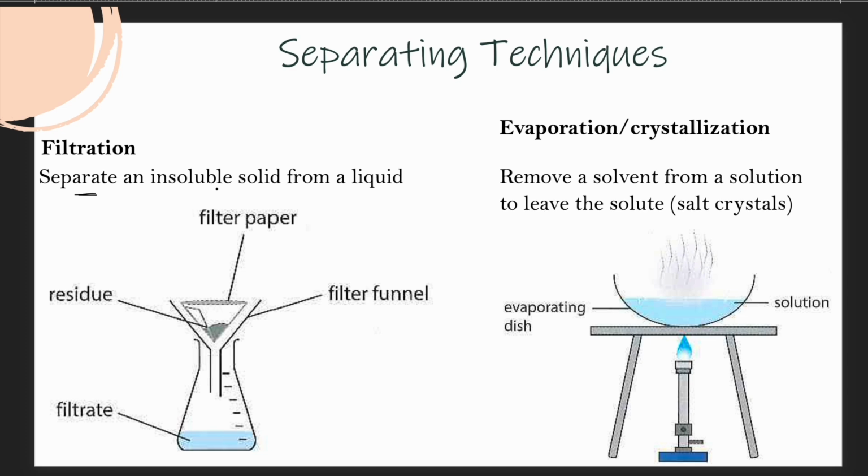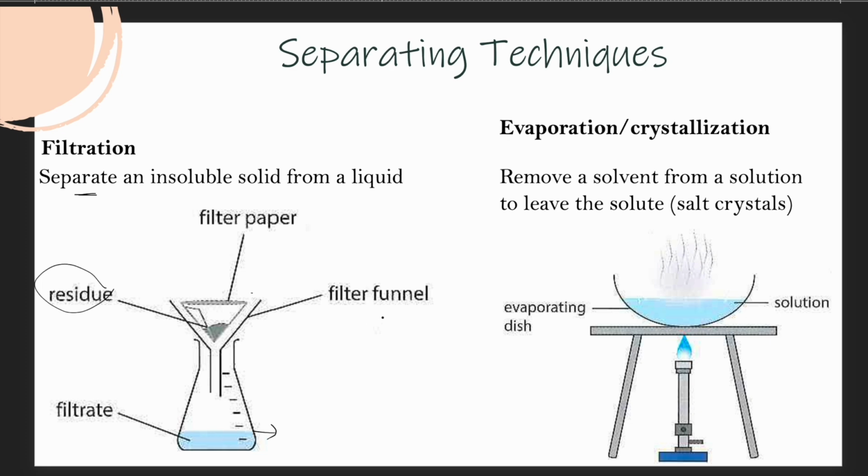The solid left in the filter paper, for example, if you want to separate a mixture of sand and water, the sand will be left in the filter paper and it's called residue, okay? And the liquid that passed through the filter paper is called the filtrate, or water when you want to separate a mixture of sand and water.